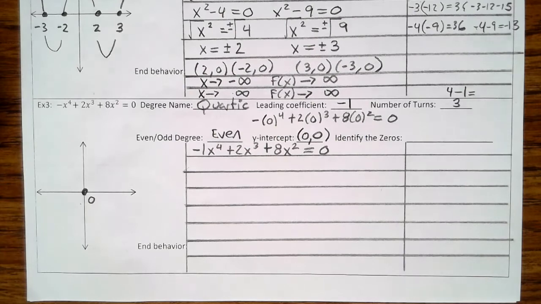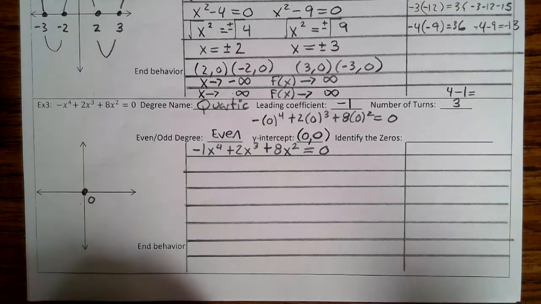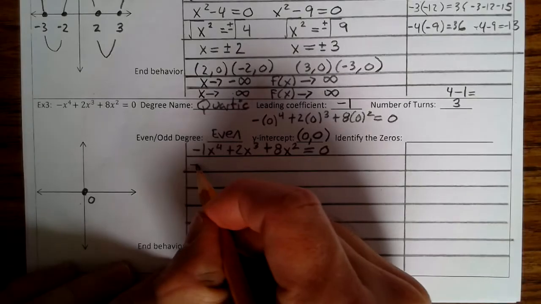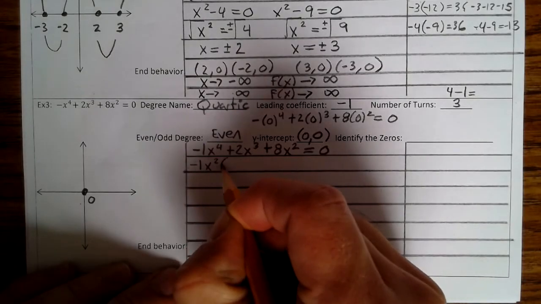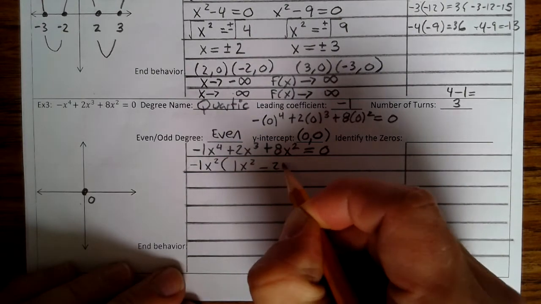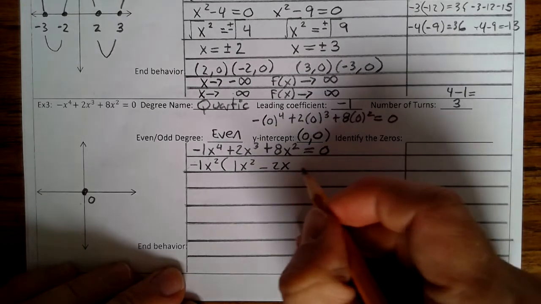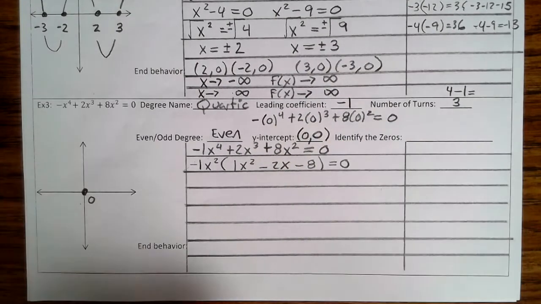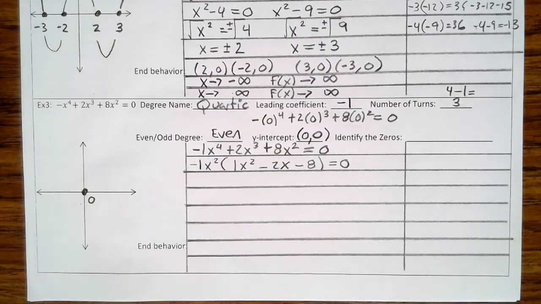So that's -1 x squared, which leaves 1x squared minus 2x minus 8 equal to 0. Okay, so now we have -1x squared. We need to factor this. Now we need to find all the combinations to make -8 and combine to be 2.